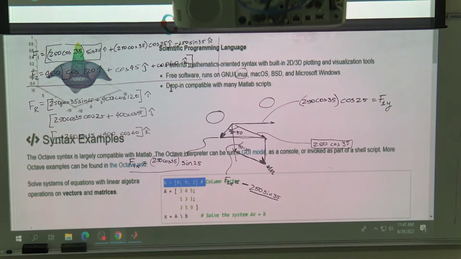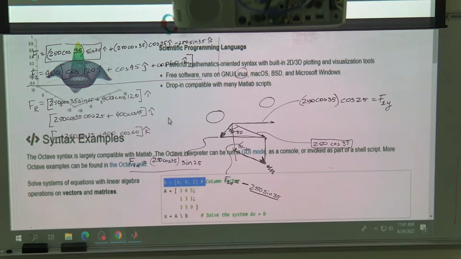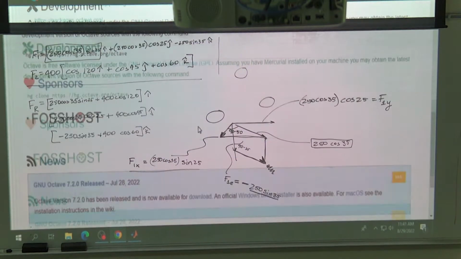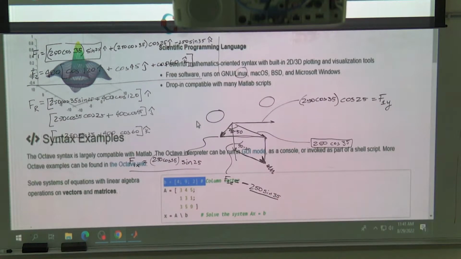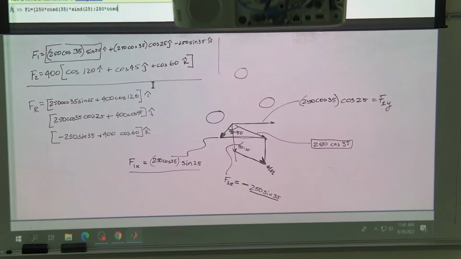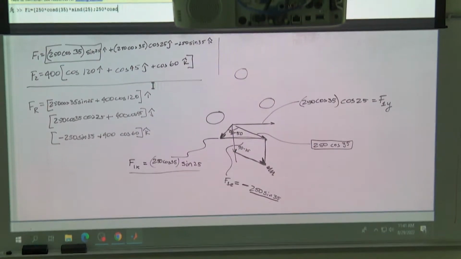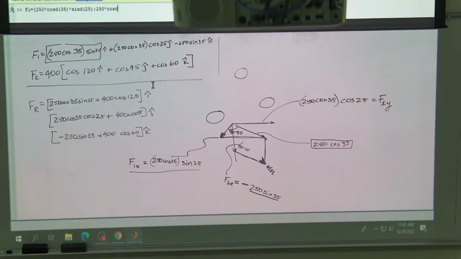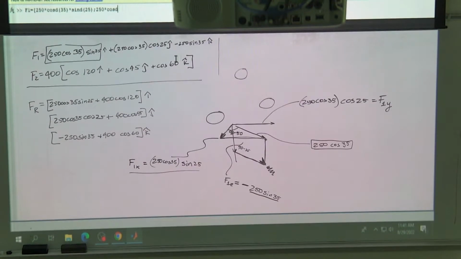Me, on my regular computer, I just download Octave and use it there. It turns out if you look at it, the interface looks a lot like this. As a matter of fact, it even has the browser for the variables, the editor, the file thing. It's kind of set up to look like it. But for right now, I'm just going to use this.